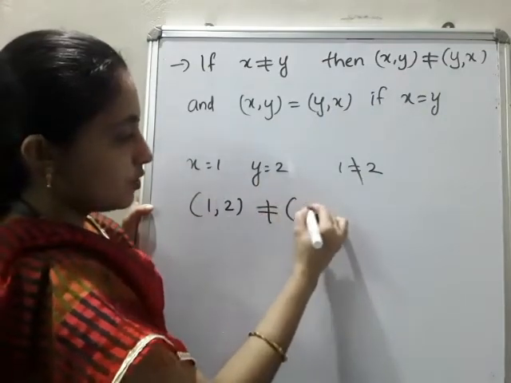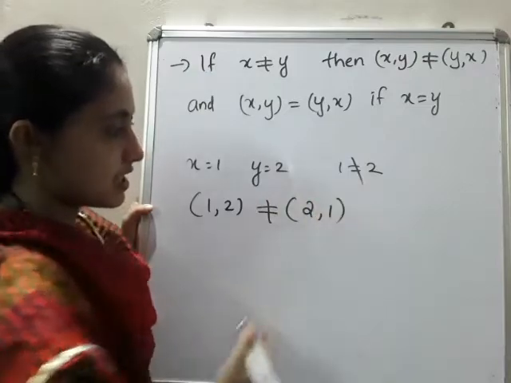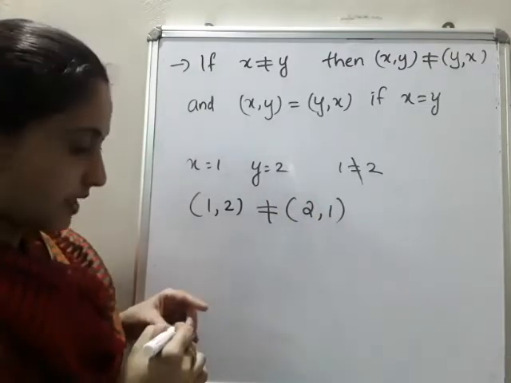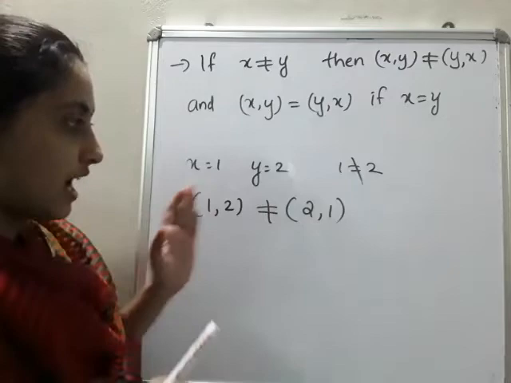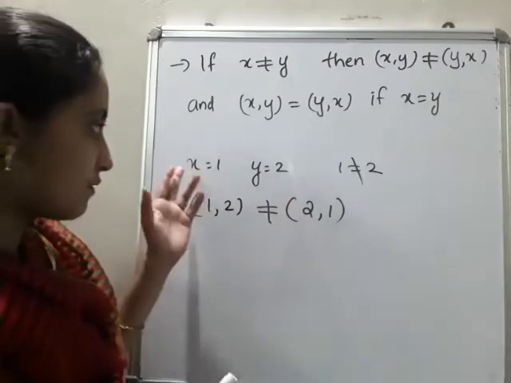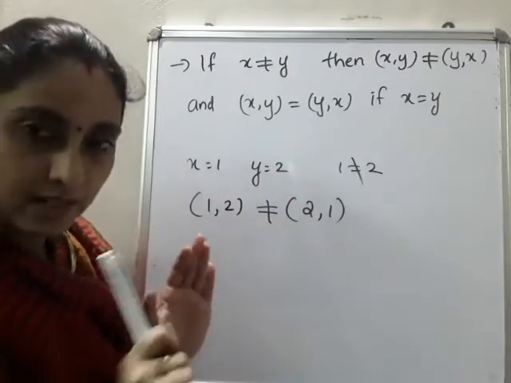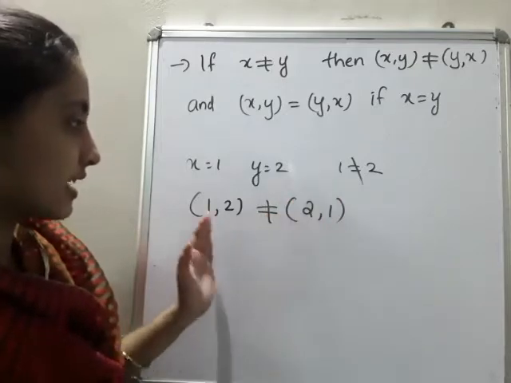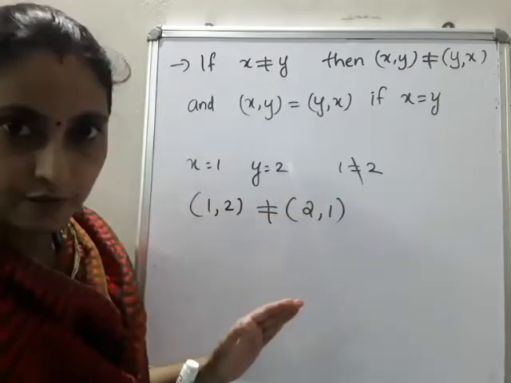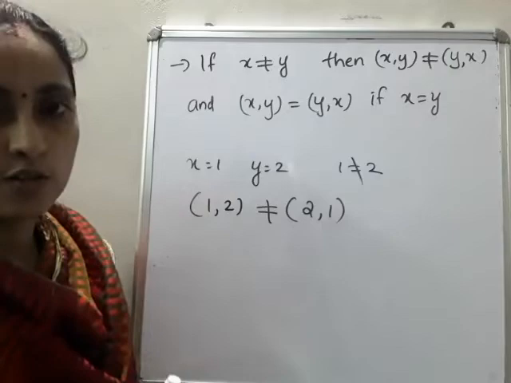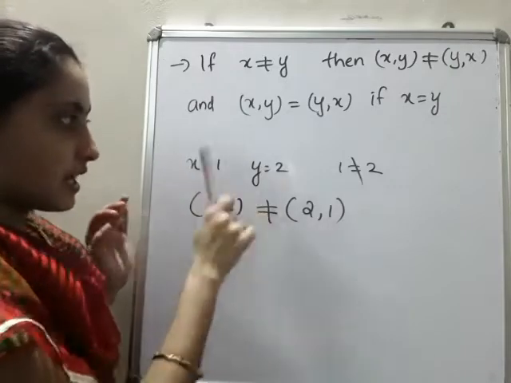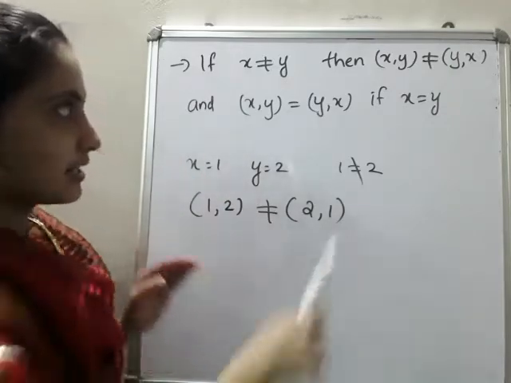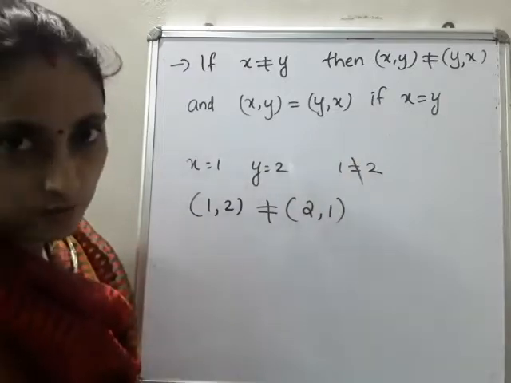Not equal to (y, x), where y represents 2 and x represents 1. Is it correct or wrong? Can we say the points (1, 2) and (2, 1) are the same? No. If x and y are different, the points are not the same and their coordinates are also different, that is (x, y) is not equal to (y, x).